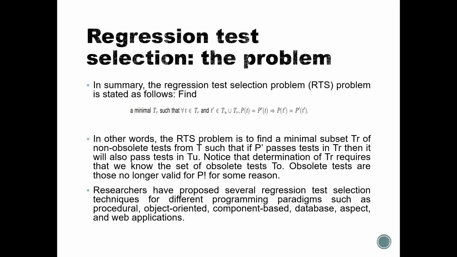You need to check exactly what the RTS problem is for these different programming paradigms. I have given the next assignment on the same thing, in which you need to find what different techniques are available for these paradigms. You need to compare them on the basis of some merits and disadvantages.